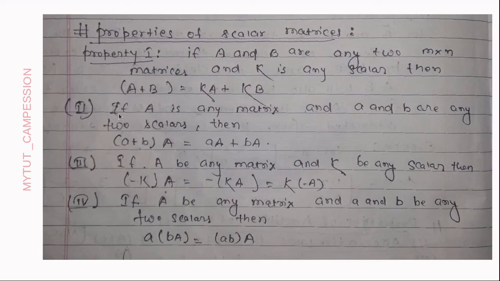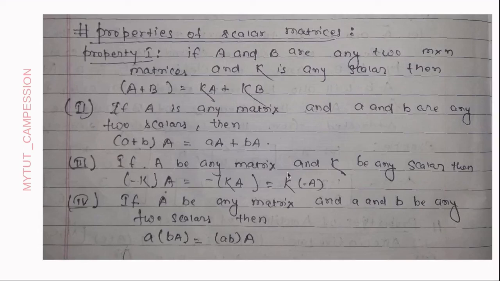Then if A is any matrix and a and b are any two scalars, then (a plus b)A equals aA plus bA. When we have two scalars, we can first add both scalars and then multiply, or multiply one by one and then add.